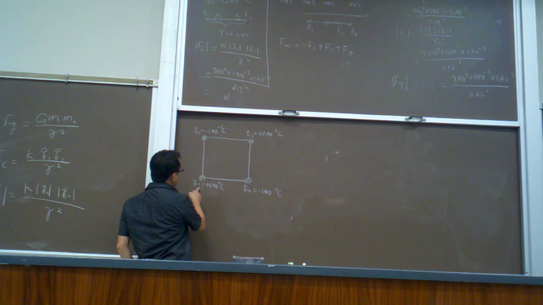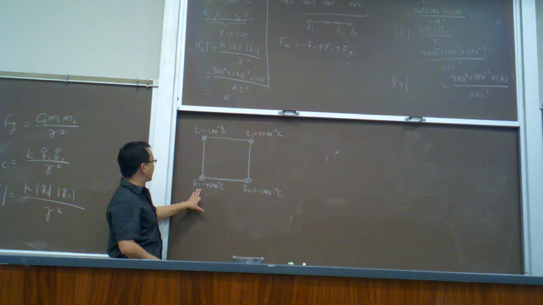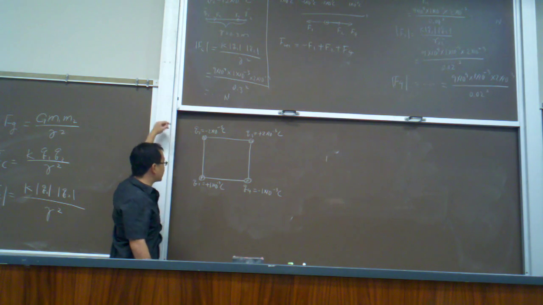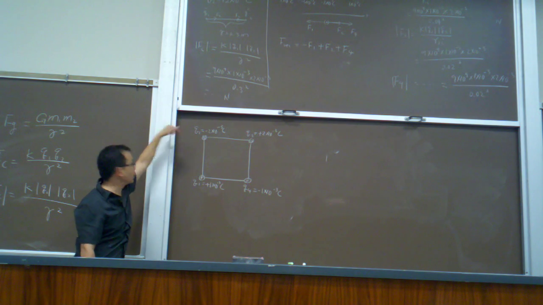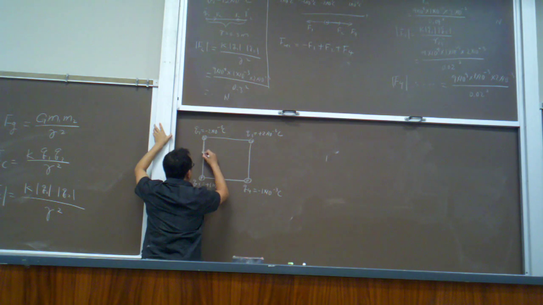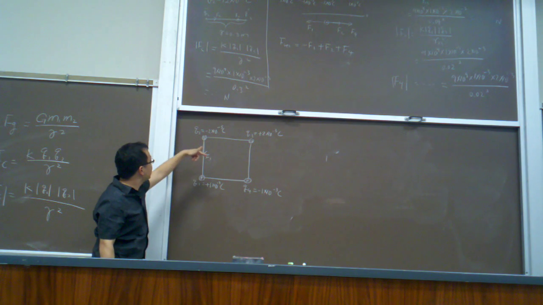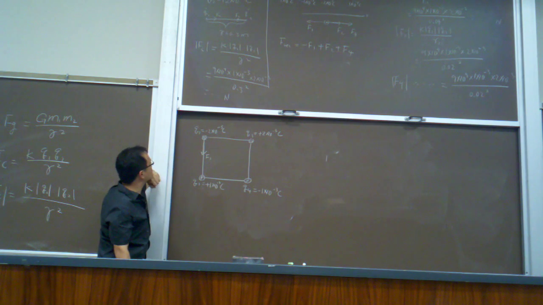First, let's determine the direction of force F1, provided by Q1, acting on Q2. What is the direction? Downward, right? It should be attraction downward toward Q1. How about F3, the force provided by Q3 acting on Q2?